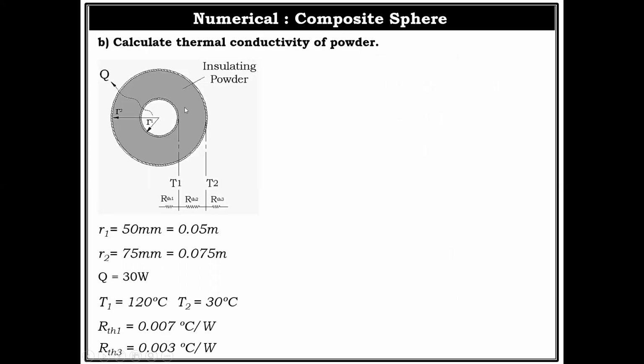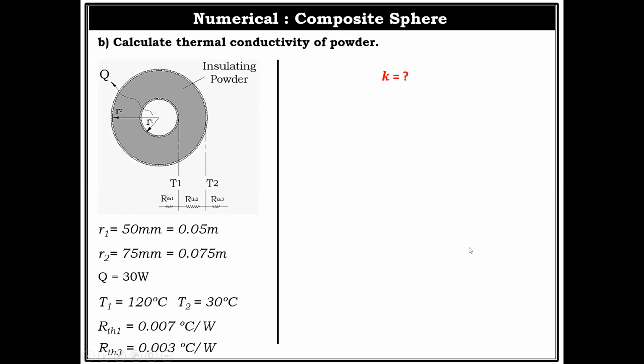Now the second part. We have this diagram and this given data, and in the second part it is asked to calculate the thermal conductivity of the powder. Friends, I am not going to solve the complete numerical here. I am just showing the flow chart to see whether it is possible to solve this or not. In a flow chart, always go in the reverse direction. That means, what is asked? It is asked to find the thermal conductivity of this insulating powder.